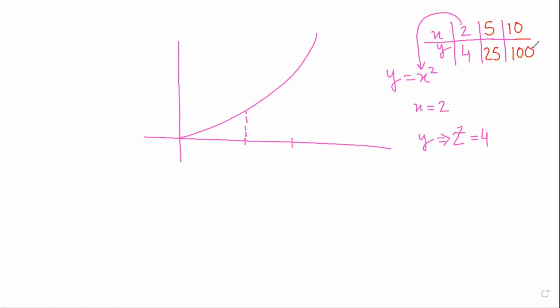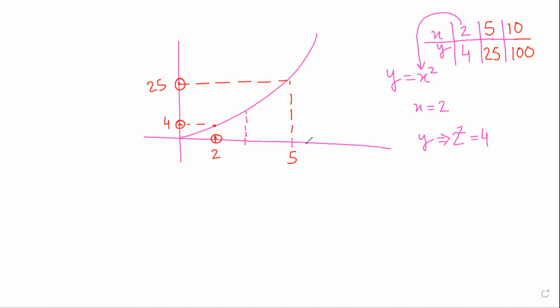Now all I am trying to tell you is that if I consider this to be 2, then this value of y would be 4. If I consider this to be 5 and I trace the value of y on the y axis, this value of y would be 25.